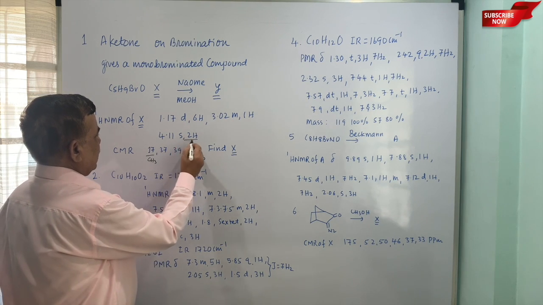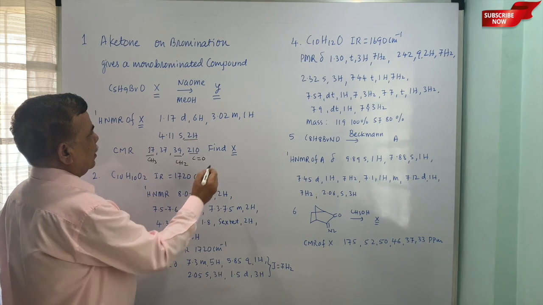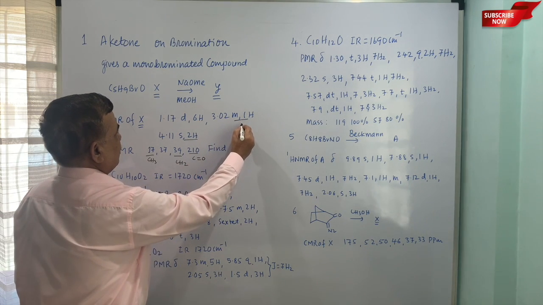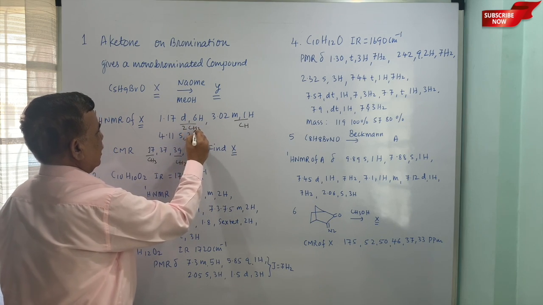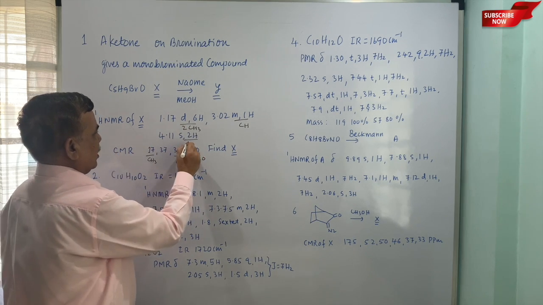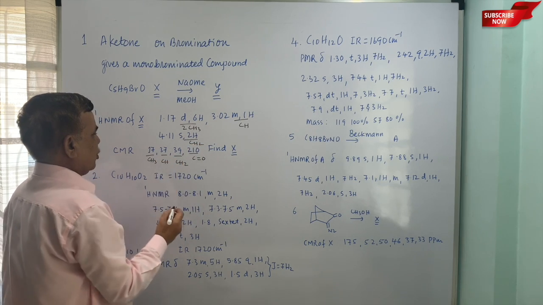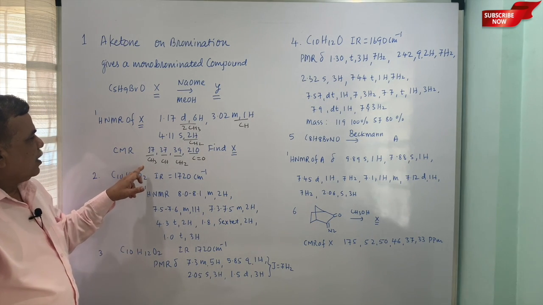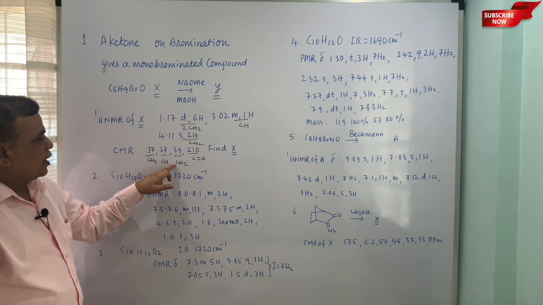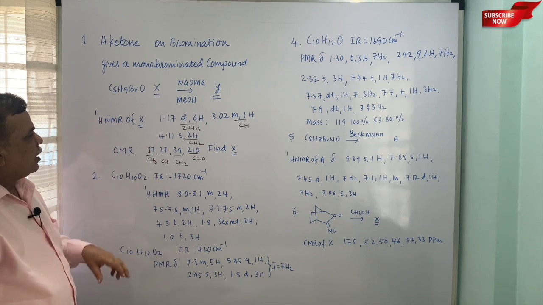From proton NMR, this looks like methylene, this is CH2, this is going to be CH, and this looks like methyl. So the fragments you can see are CH3, CH, CH2, CO, and 5 carbons are there.